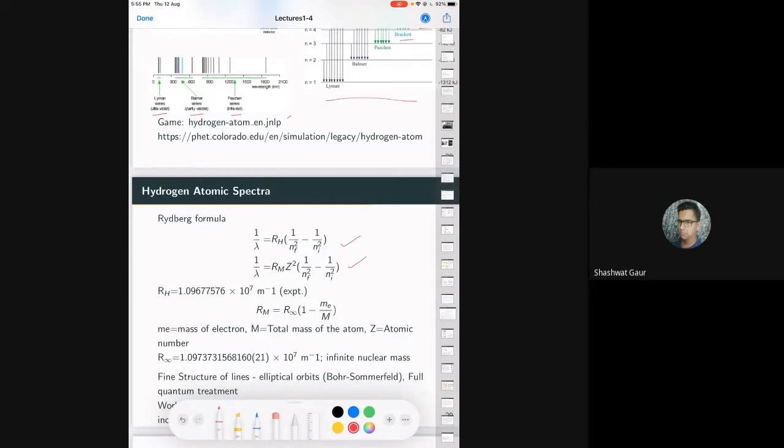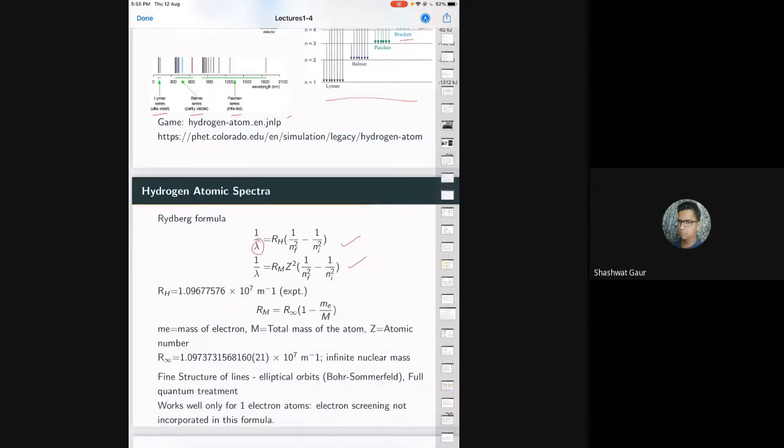Okay. And so what does this Rydberg formula involve? It tells you that the inverse of the wavelength, lambda, is related to the energy levels in the hydrogen atom.